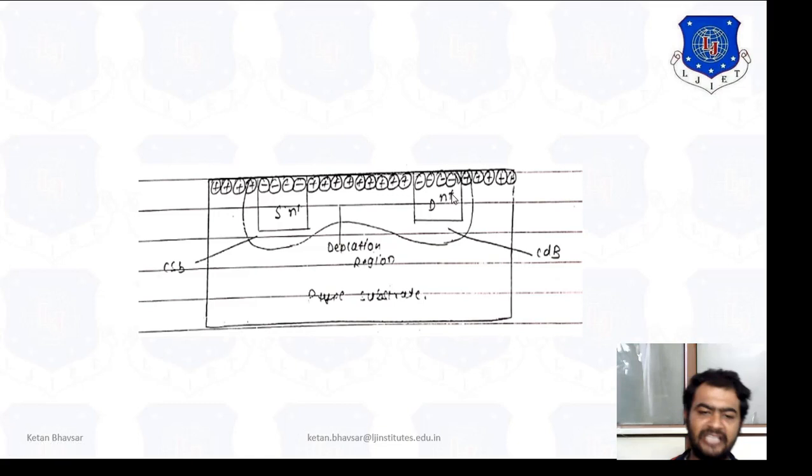So in this region, two types of capacitance are produced, CSB and CDB, the junction capacitance for N plus source and substrate, and N plus drain and substrate. This is one simple diagram for junction capacitance.